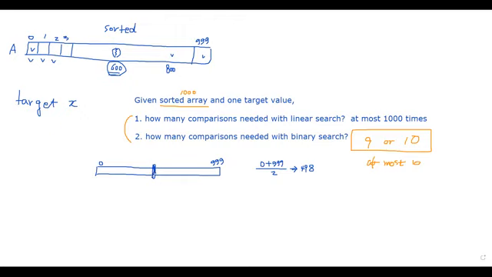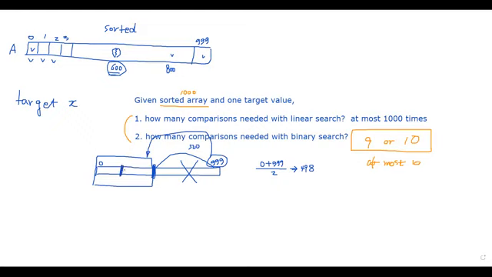After the first comparison, you will choose one part. If the target value is smaller than this one, you will ignore 500 data, and then check this part. You move the right index to here and find the middle.